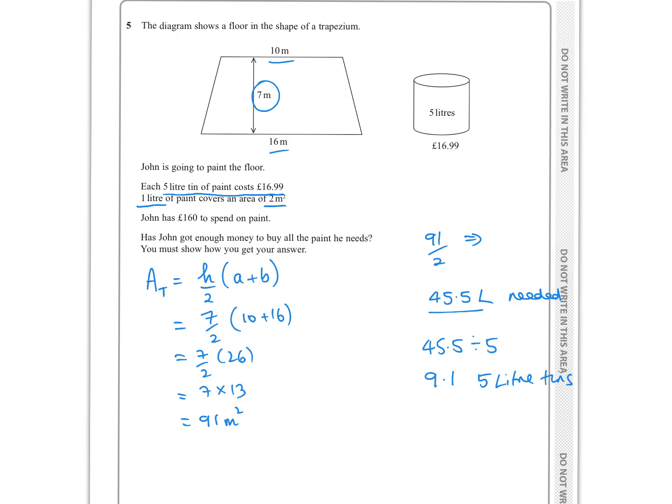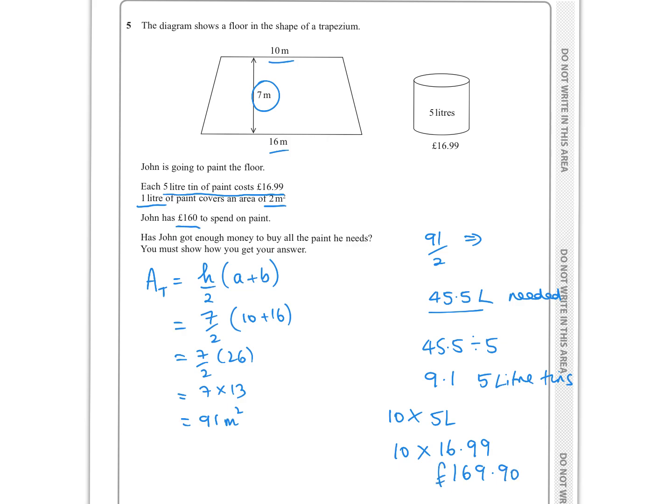But in this particular question, you've got to be really strict with yourself. I know you'd want to get away with it in real life, but in terms of the question, if you bought 9 5 litre tins, you would not have enough. So you can't just buy 9.1 tins, you've got to buy 10. So we want 10 lots of 5 litre tins. So that's going to be 10 lots of £16.99, which is £169.90.